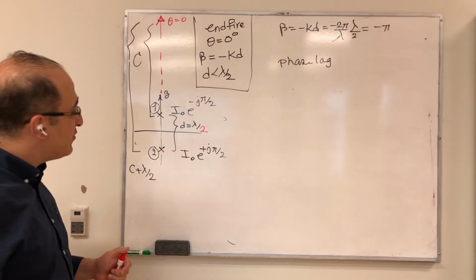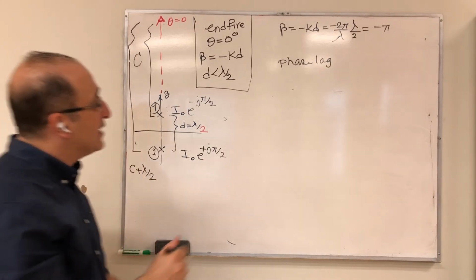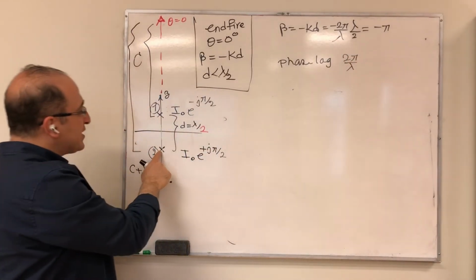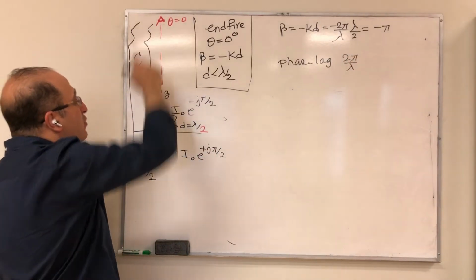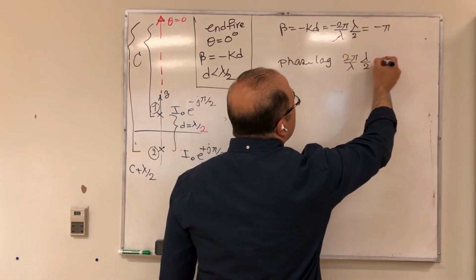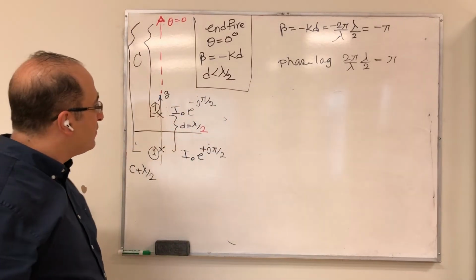And how much is this phase lag? To calculate phase lag, multiply the wave number by the distance. The wave number is 2 pi over lambda. The extra distance that this needs to travel is lambda divided by 2. So that's going to become pi. This is the phase lag that it has.